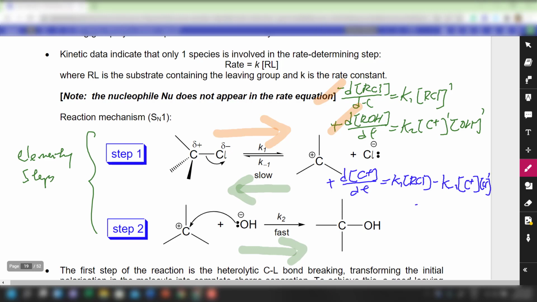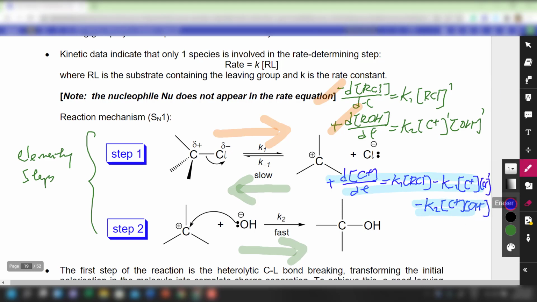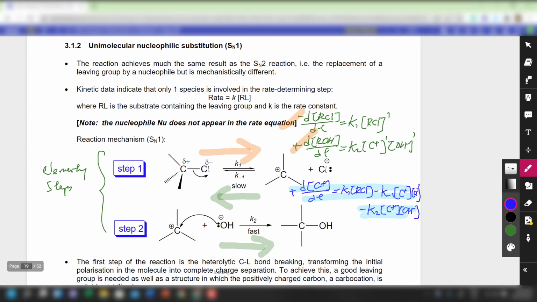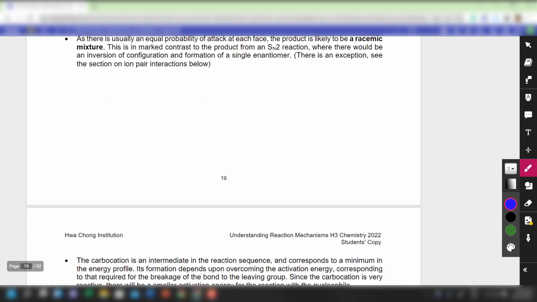As well as the consumption of the carbocation in step 2, which is minus K2 multiplied by the carbocation and OH minus. So this is the full equation for the change in the concentration of the carbocation. Please remember and take note of this, because it will appear again in the box on page 21. Now I'm going to move on to page 21.